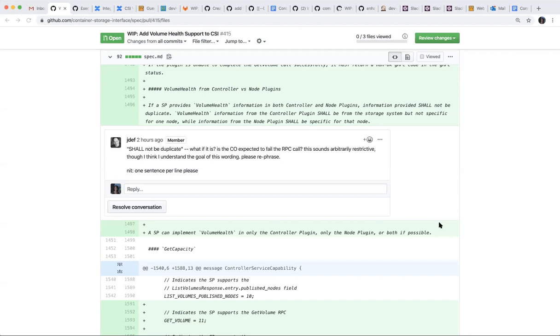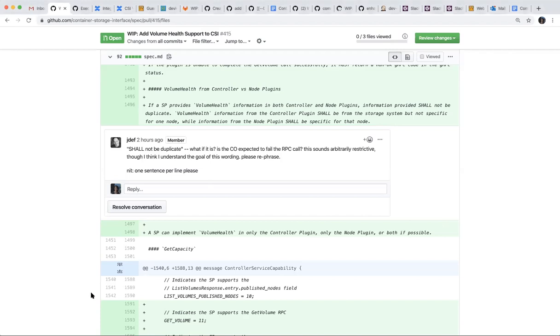Yeah, this doesn't feel to me like something that makes sense to put in the CSI spec at this moment. I think this seems like something that needs to be experimented with.